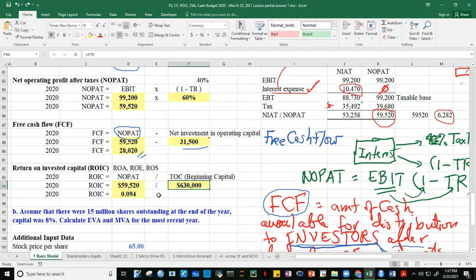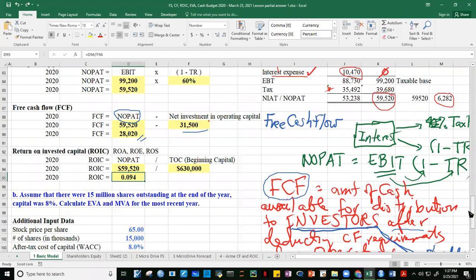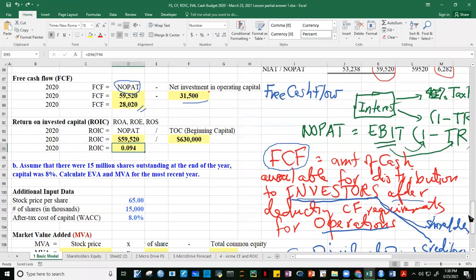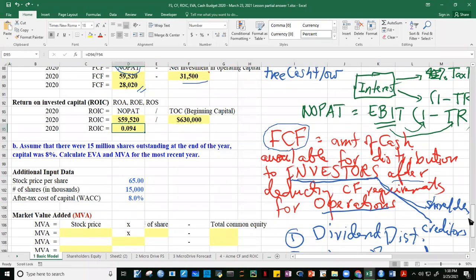For every 1 peso of beginning operating capital given by investors to the firm, the company or its operations generated 9 centavos, 9.4 centavos.